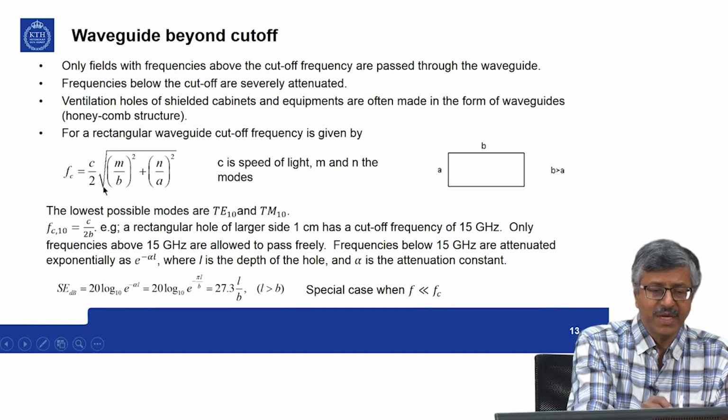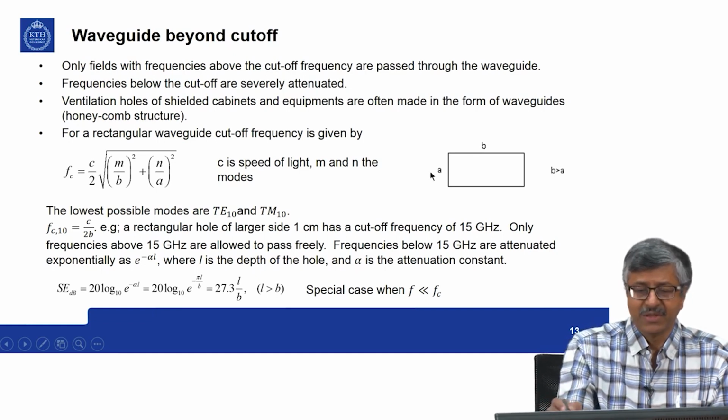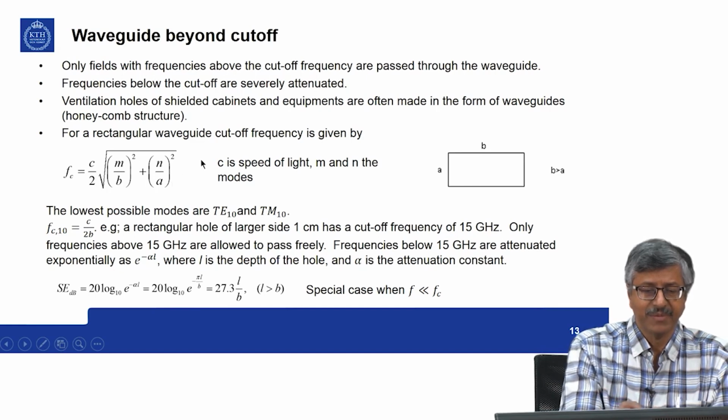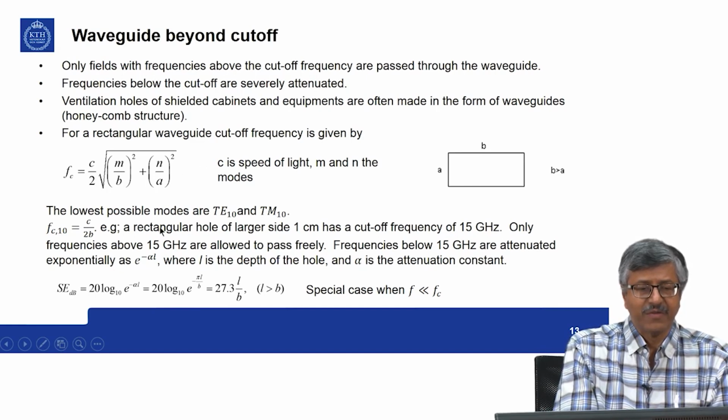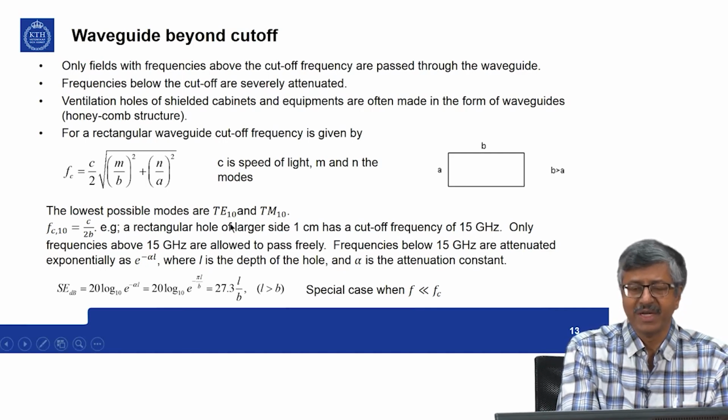The cutoff frequency equals speed of light divided by 2 times square root of (m by b) square plus (n by a) square, where m and n are mode numbers, and a and b are the dimensions of the slot. So, this is the cutoff frequency. The lowest possible modes for waveguides are transverse electric mode 10 and transverse magnetic mode 10.